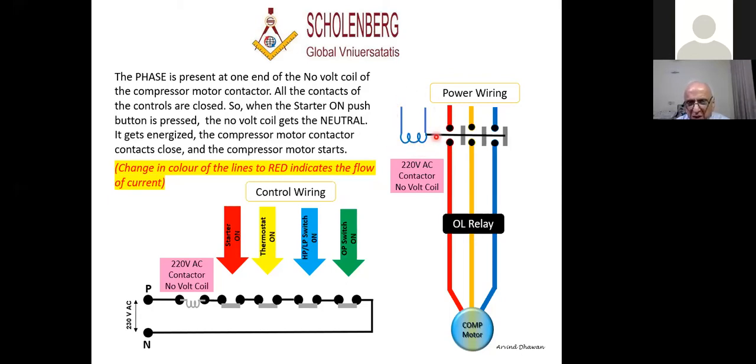When this becomes a magnet, it will pull this plunger. When it pulls this plunger, these contacts will close this line, close this line, close it, and the compressor will start. So this is the linear application of a magnet, how it takes place.